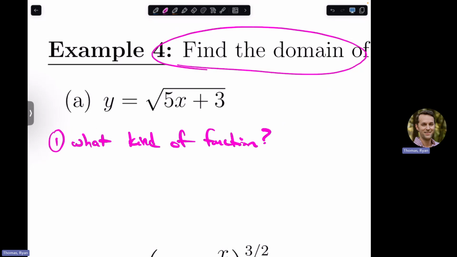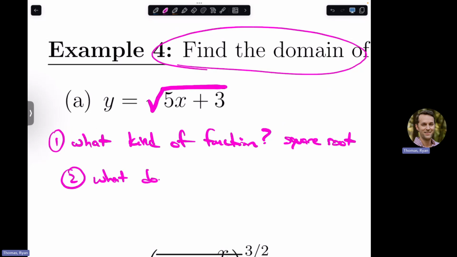Whatever. Okay. What kind of function is this? The important part for figuring out domain is the square root. What does that tell us? What does that mean for us?